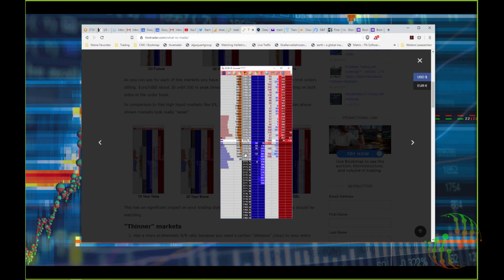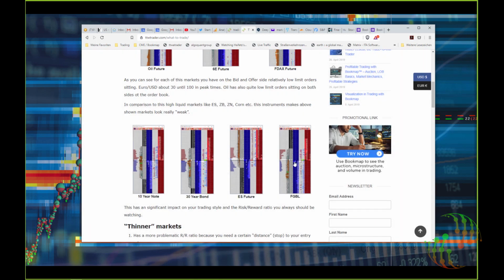If we are looking at the S&P, like today, in normal times we are trading 400 and 500 contracts per price level. The German Bund, of course, as well. This gives us the time to really see what is happening here.